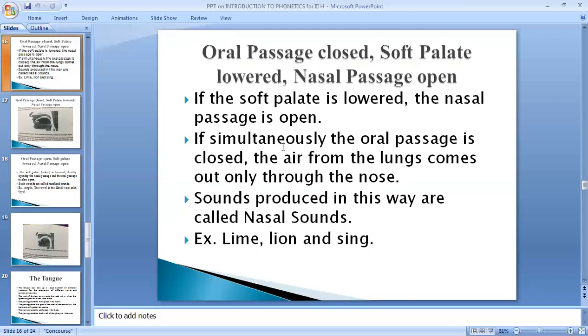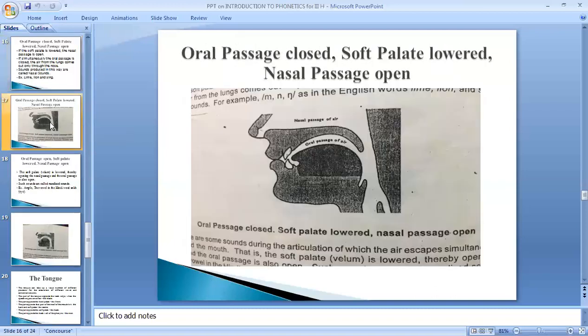So, how will nasal sounds be produced? If the soft palate is lowered, the nasal passage is open. If simultaneously the oral passage is closed, the air from the lungs comes out only through the nose. Sounds produced in this way are called nasal sounds. Look at this picture.